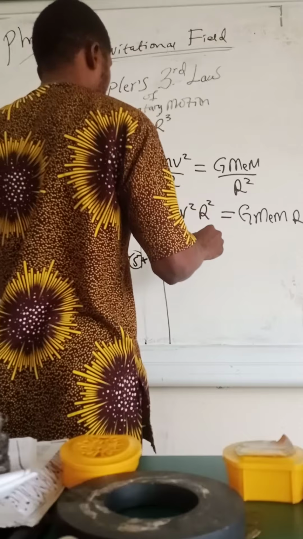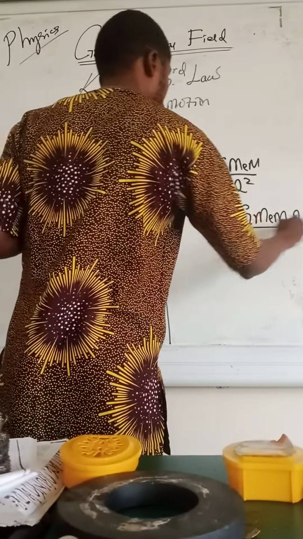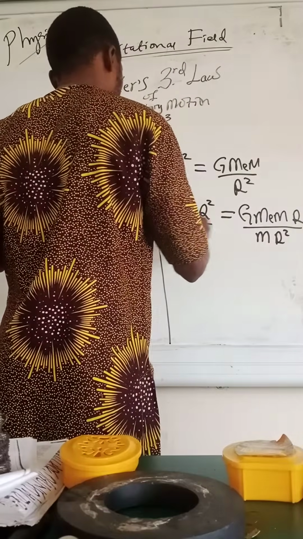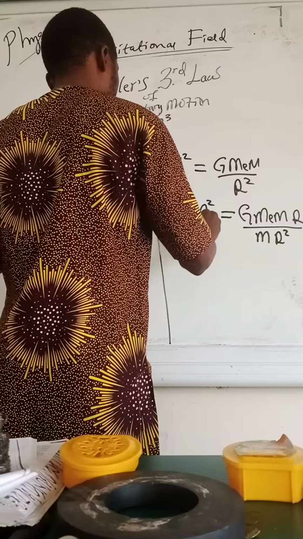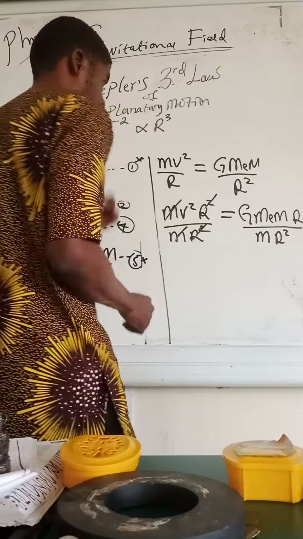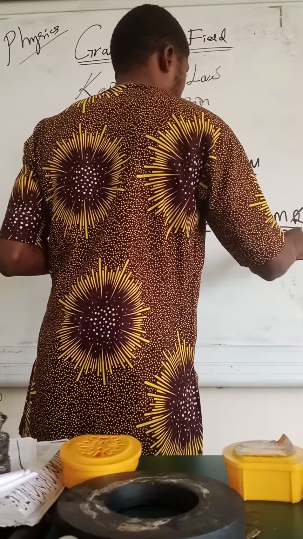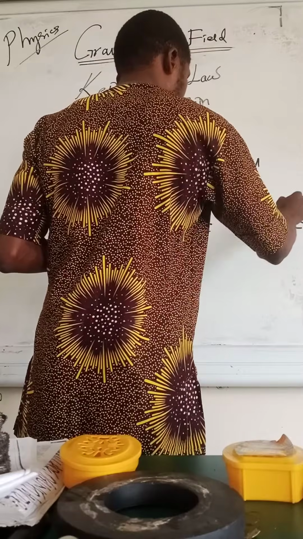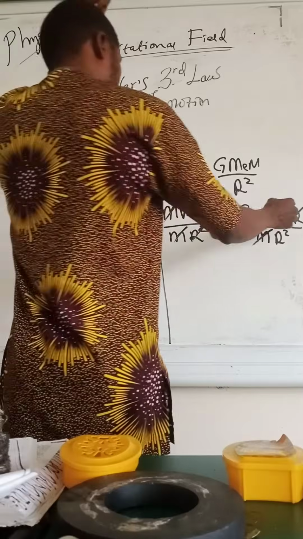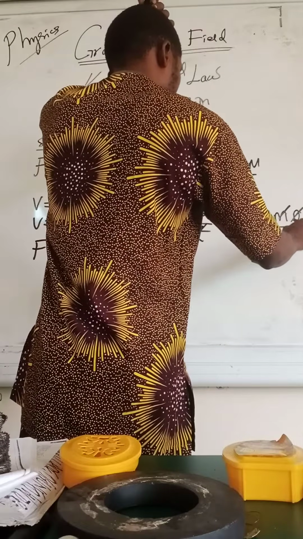If we divide both sides by m r squared, this will go, this will go, and we are left with one r down here.